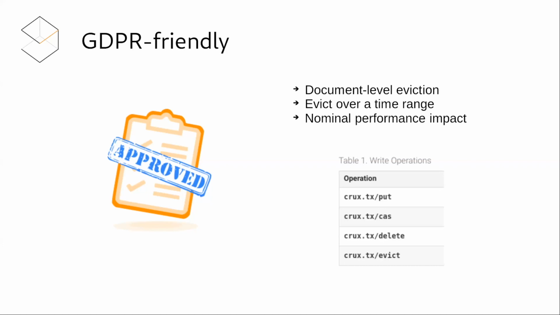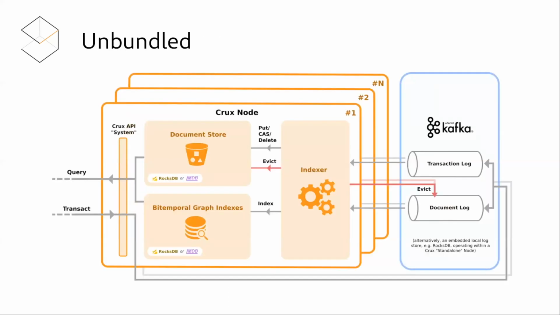Good question. So let me go to the unbundled slide. So Jepsen is really designed for distributed databases. Now, there is an argument that actually Crux isn't a distributed database in the sense of, well, the transaction log is a single linear order, and we're not doing any clever consensus algorithms.